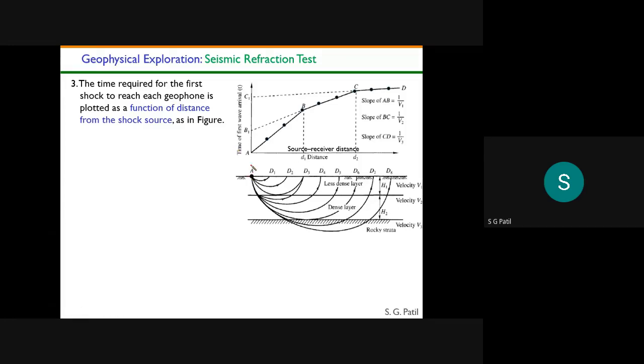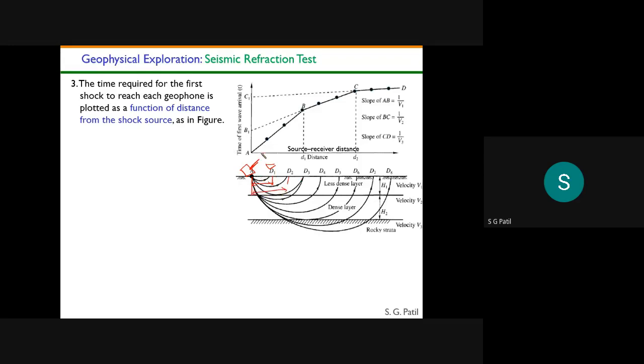You see here I am hitting with a hammer, and the waves are propagating like this. Here I have geophones. The distance from the source of input to the geophone is the first distance, d1. Like that you have to take all the distances.